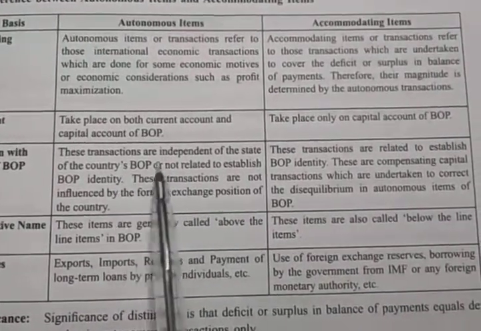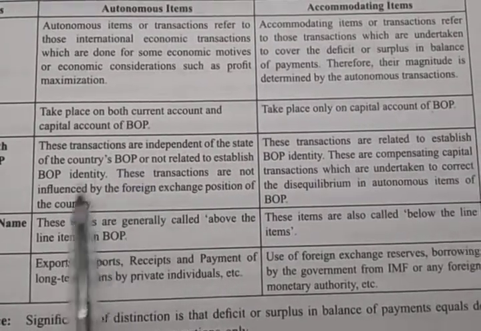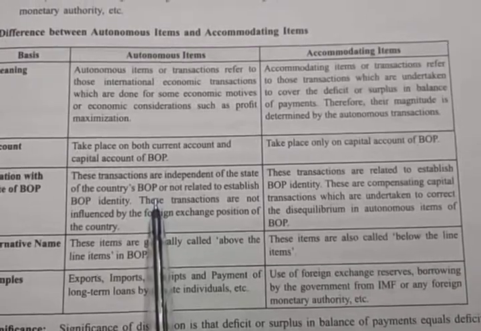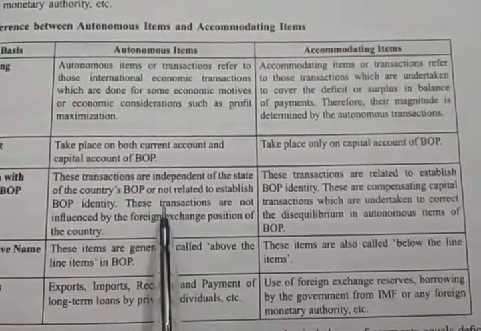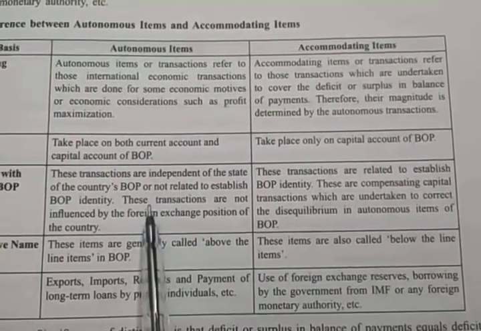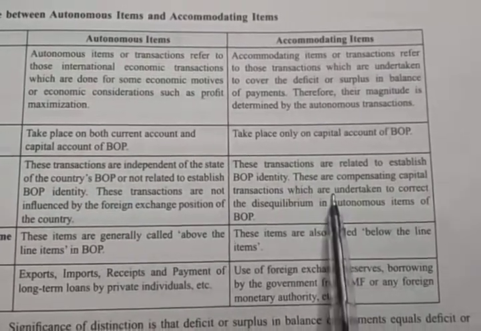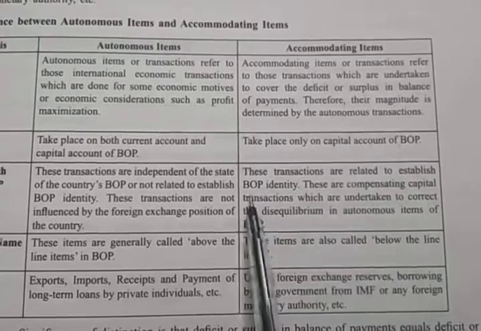Autonomous transactions are independent of the state of the BOP, or not related to establishing the BOP identity. That means their main motive is not to enter into the balance of payments. They are totally independent, because these transactions are done for the profit motive, whereas accommodating items are properly dependent; they are related to establishing the BOP identity.